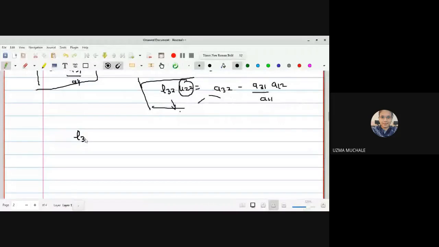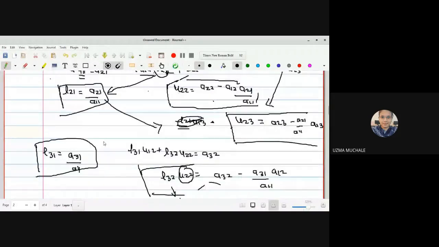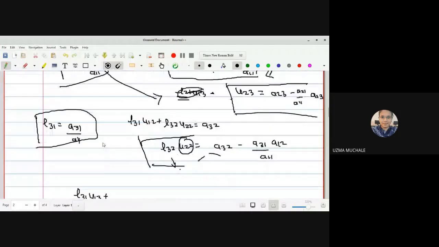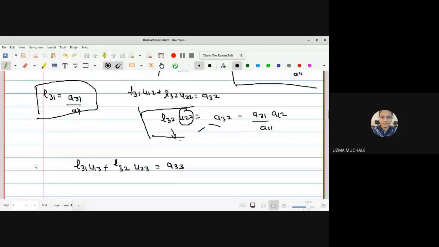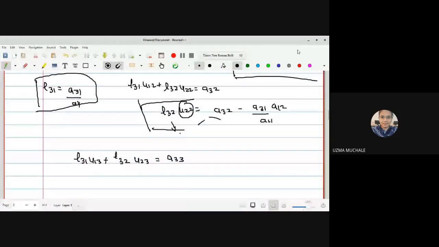I am solving the last equation which we have equated. L32 U23 plus L31 U13 is equal to A33. A33 is known to us. Now let me put in the values which we know.